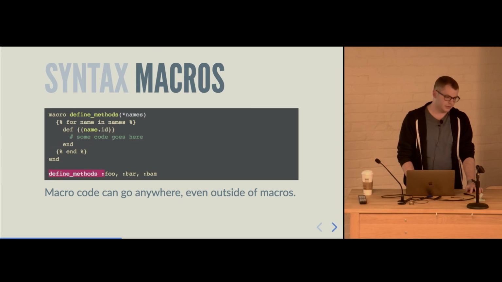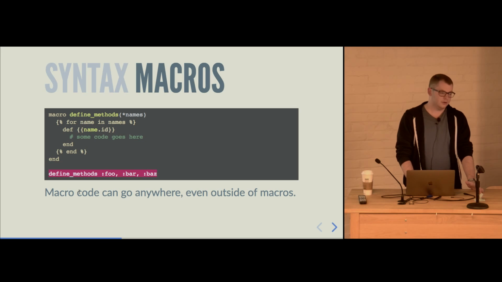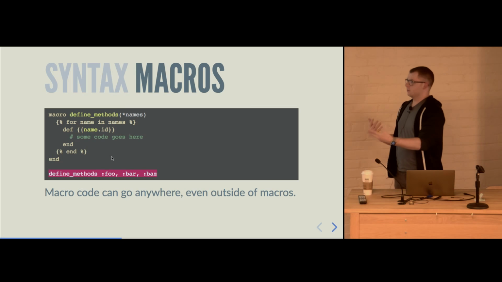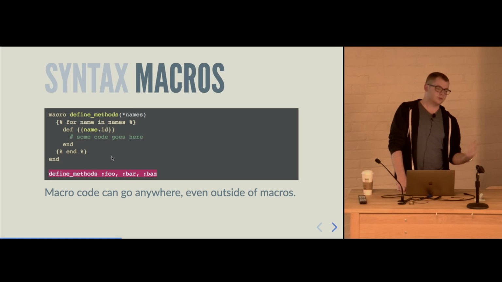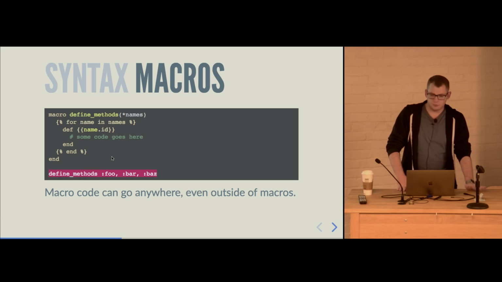So if I ran this define methods with foo bar baz, it would automatically, at the beginning of compilation when it's expanding the macro, end up saying, okay, well, def foo with some code in there, and then def bar with some code in there, and def baz with some code in there. So right after that, I would have access to three new methods, foo, bar, and baz, with whatever code I put in there. Macros are super powerful because they basically get rid of a lot of boilerplate that you end up writing.